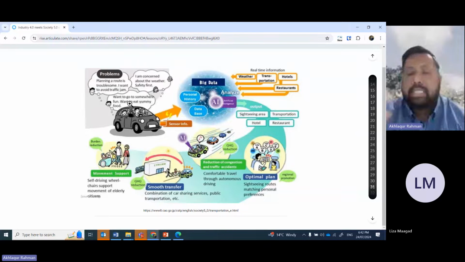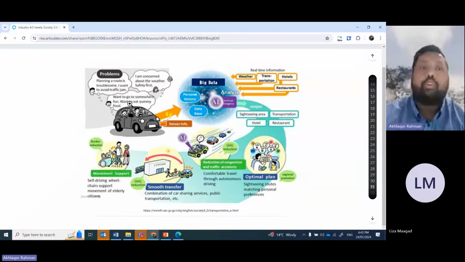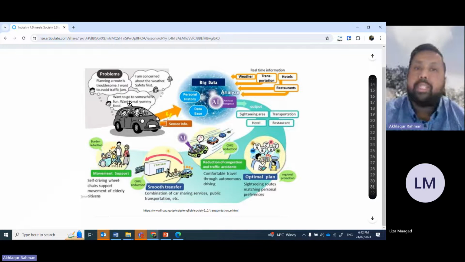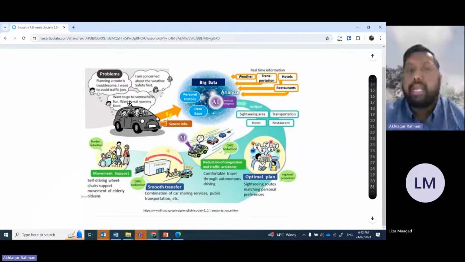All these data can be integrated together to provide you more options. And with self-driving, they can make those decisions and provide that as well. Maybe your personal history.